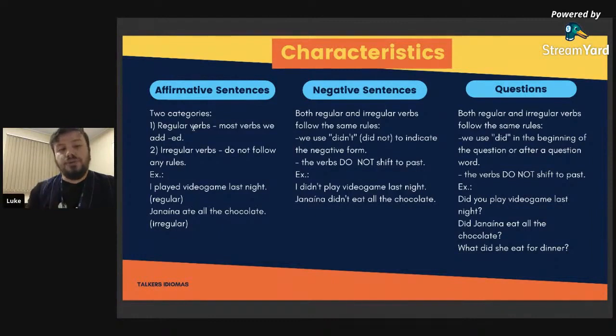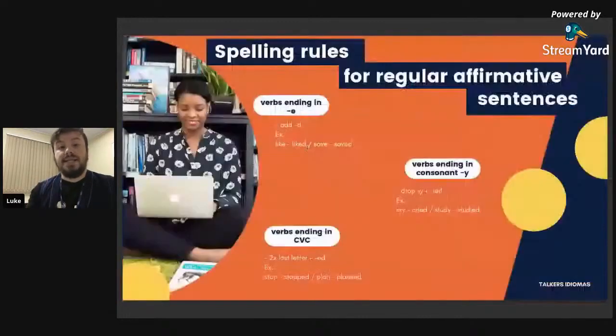The general rule is that we have to add ed. That happens to most verbs. But in some cases, we are going to need to pay attention to the spelling of the verbs because they will change, okay?